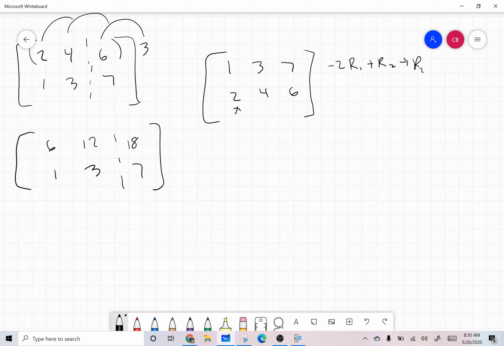So what is -2 times row 1? -2 times 1 is -2. I'm going to write it next to this: -2, -2 times 3 is -6, and -2 times 7 is -14. Now, I'm going to add those to row 2, so row 1 will not be changed, but 2 plus -2 is 0, which is what I wanted. We have 4 plus -6, that's -2, and 6 minus 14, which is -8.